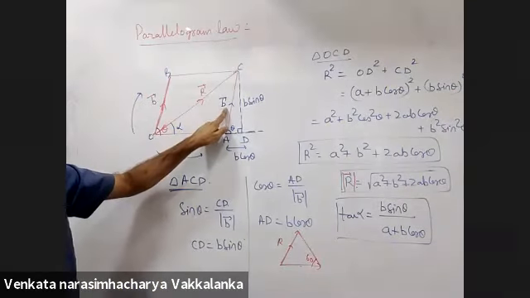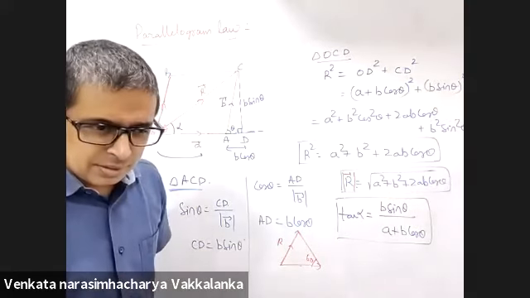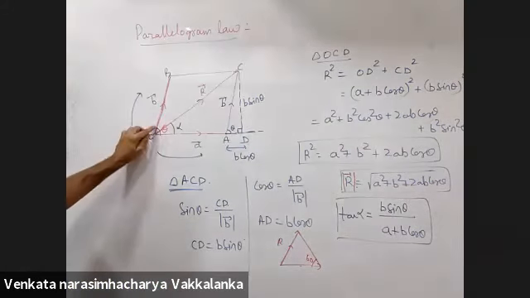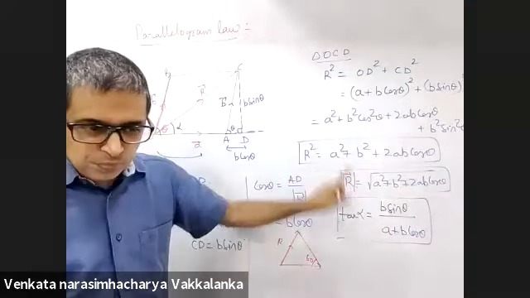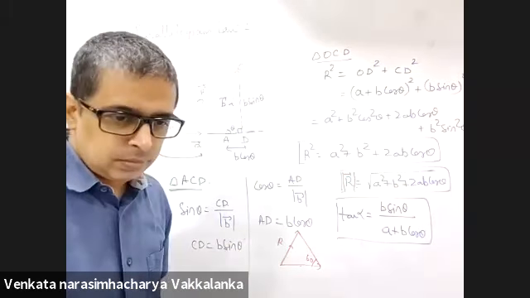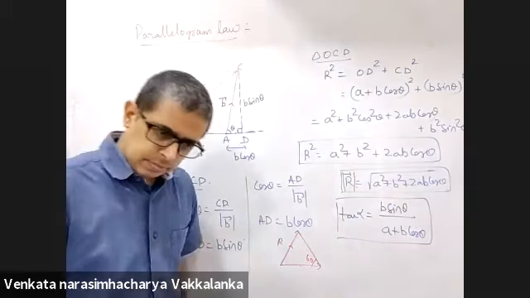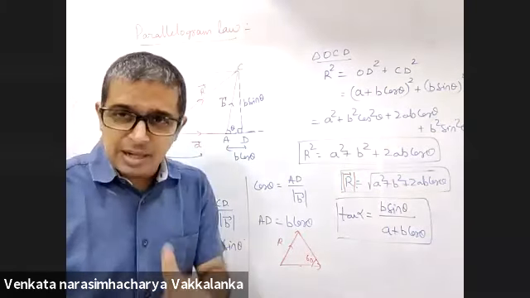This is A, this is B. Don't you see a triangle here? You should know the angle between the two vectors. That's it. So the formula for resultant, root of a square plus b square plus 2ab cos theta, can be used for triangles of all angles, even acute and obtuse?